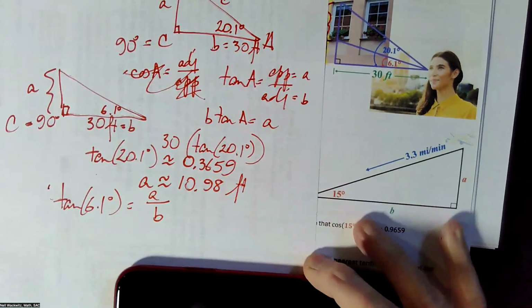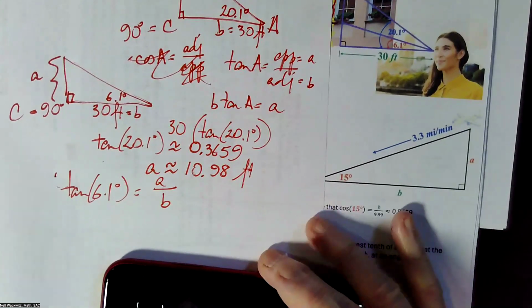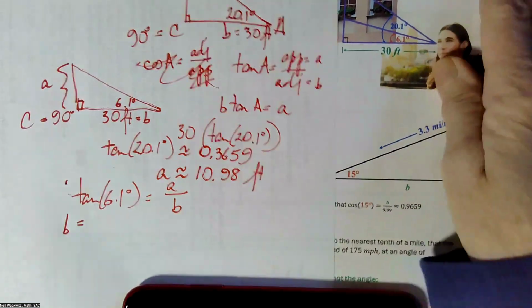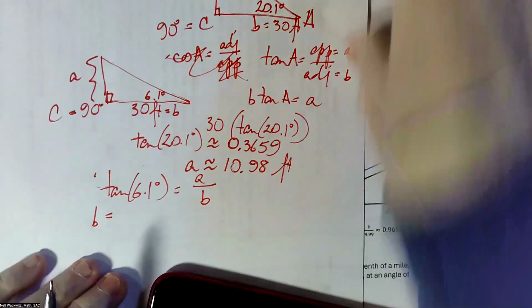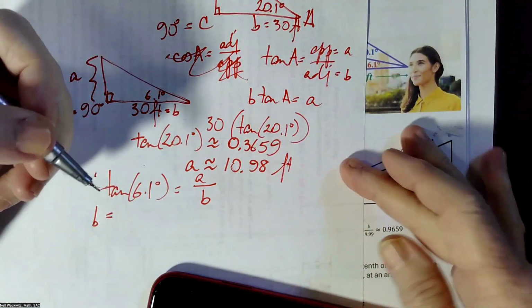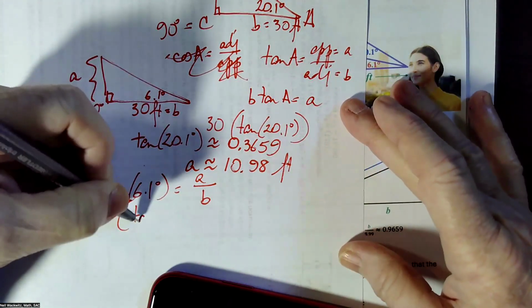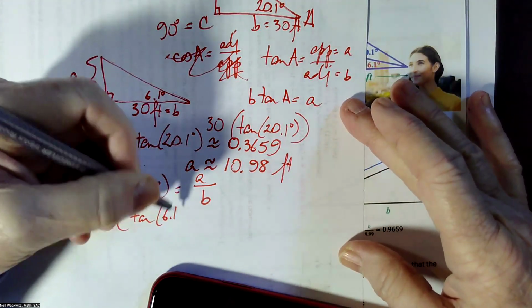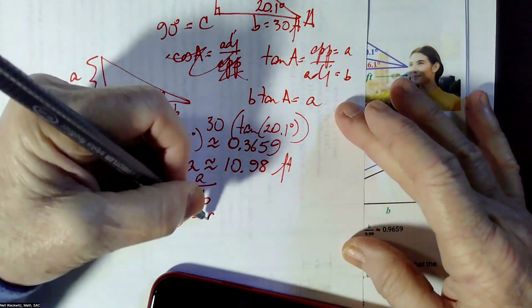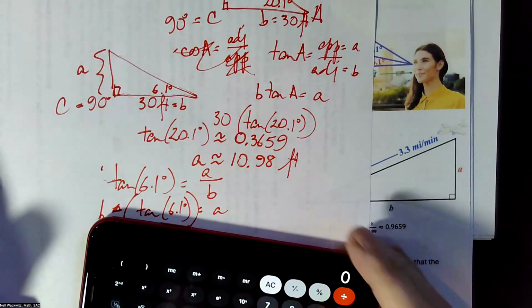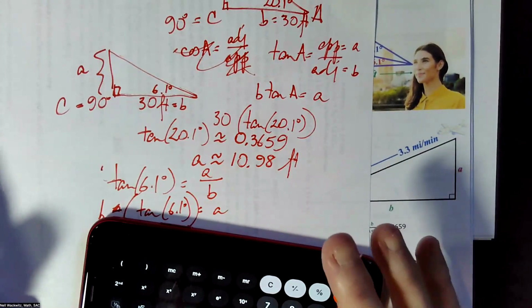I'm going to multiply both sides by B to solve for A. So B times the tangent of 6.1 degrees is equal to A, and now 6.1 tangent.